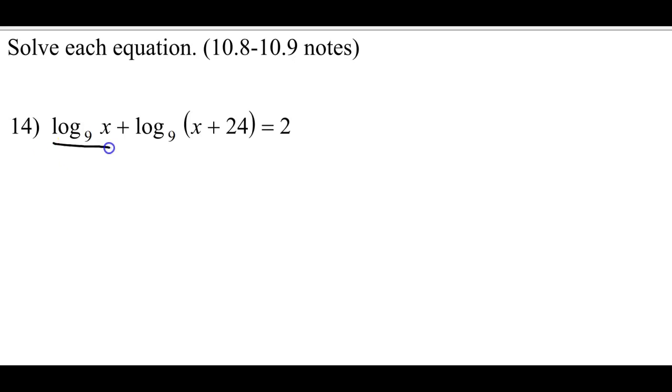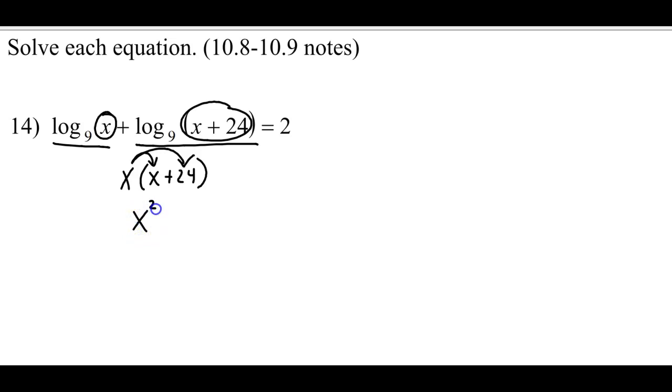On this one, we have 2 logs being added together. And for that, we have property A. Property A says I can put these together as one log if I take this piece and multiply them together. Now to multiply those, I'm going to have to do some kind of distribution. So that would be x squared plus 24x.